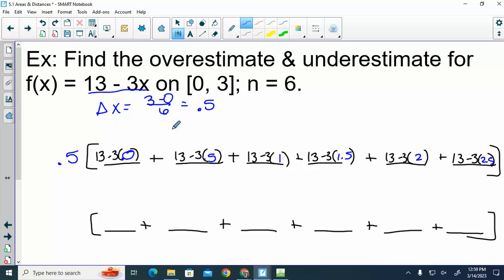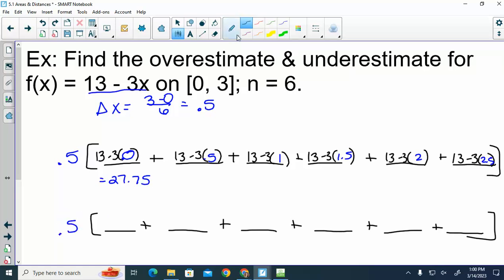So if you put it in those, what do you get? I actually got the right numbers. This is the first time I actually got the right.